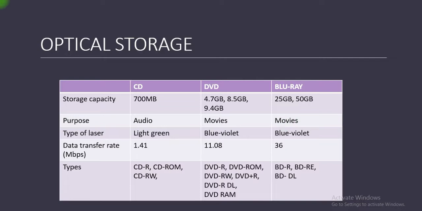So we now have, for instance, UHD, right? Ultra high definition, moving up from high definition. So you have different video formats, and because of that, the movies would actually take up more space, hence the need for something like a Blu-ray disc.